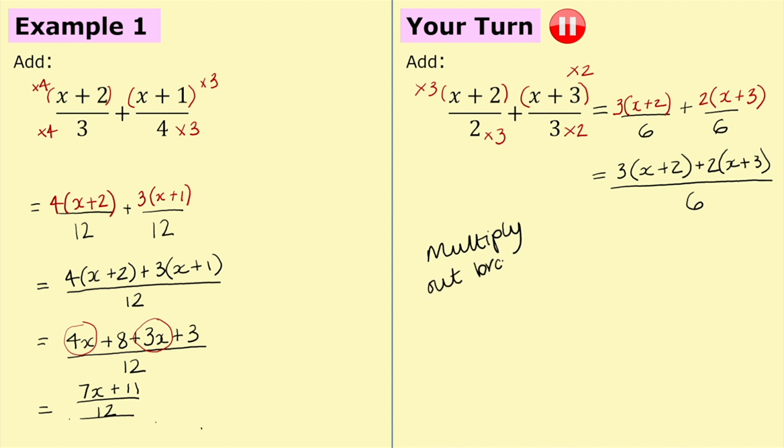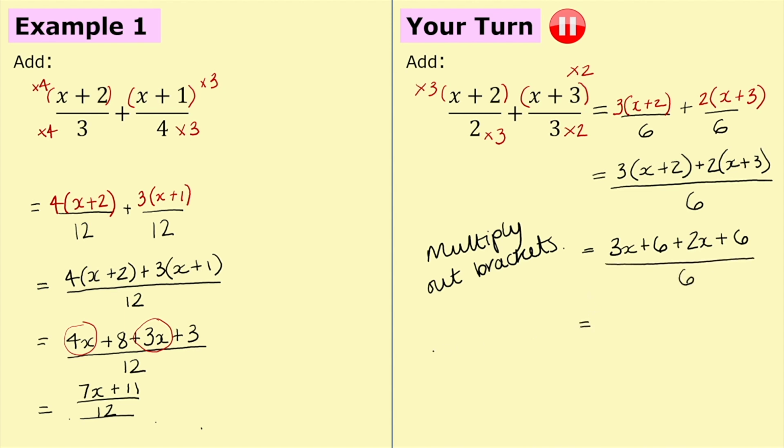Okay, to get 3x plus 6, so 3 times x gives us 3x, 3 times 2 gives us 6, plus 2 times x to get 2x, then 2 times 3 to give us 6, all over 6.